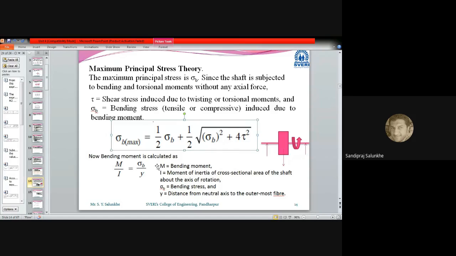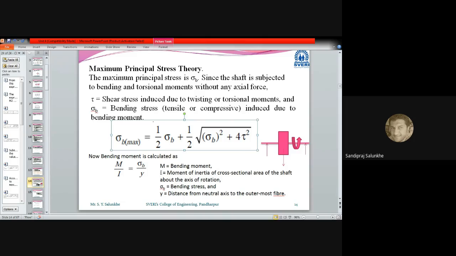In this equation, M is the bending moment which we are going to calculate from the support and applied load. I is nothing but the moment of inertia of the cross section of that shaft. Here we are going to use a circular shape, that's why pi by 64 d raised to 4.